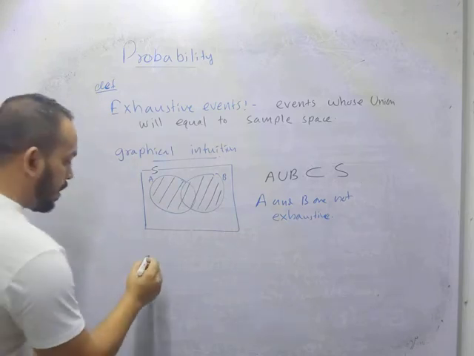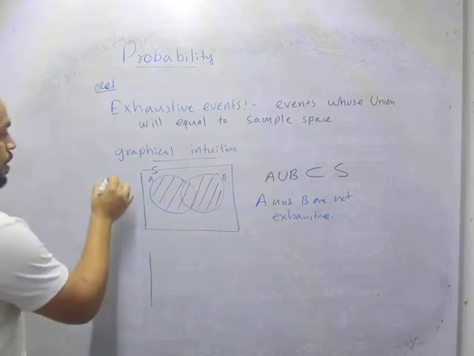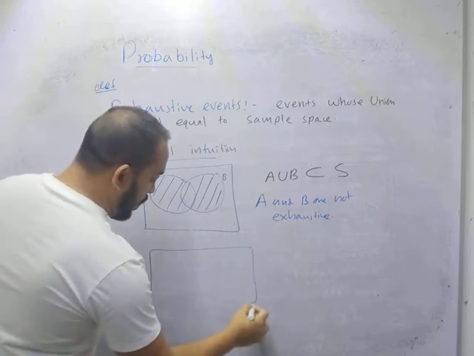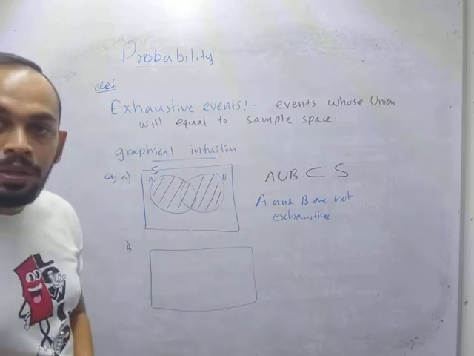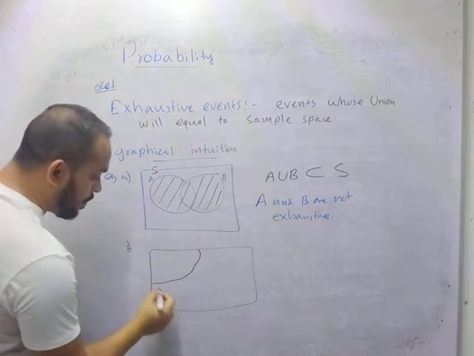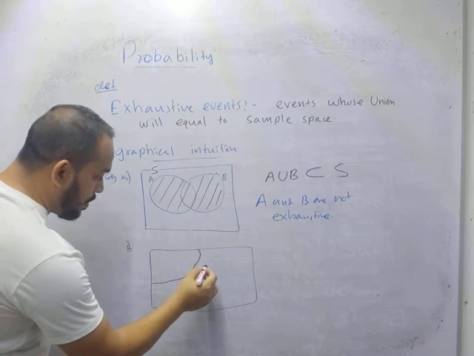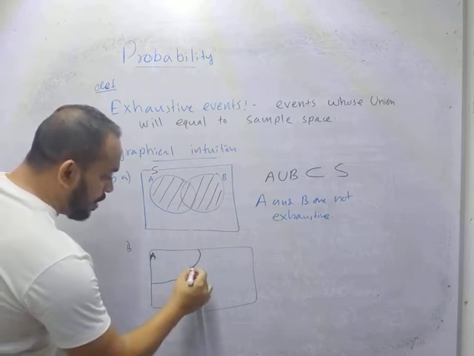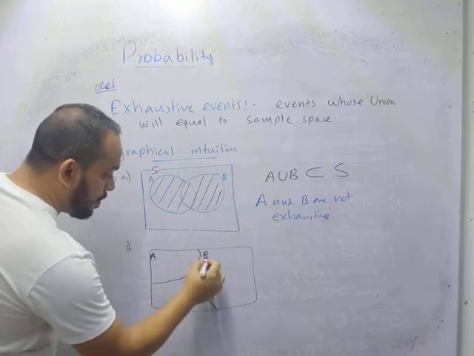Right. So what about this case? Example A, example B. You have a Venn diagram. Now in this case, the Venn diagram is divided into 3 parts. Let's call this A and this B, right?